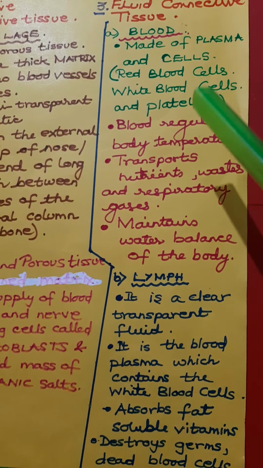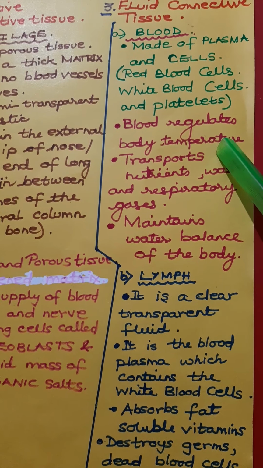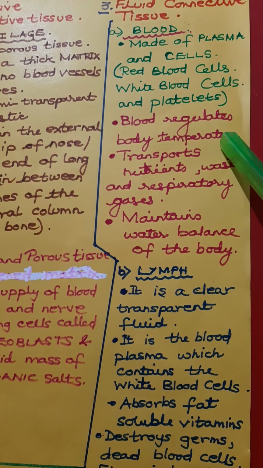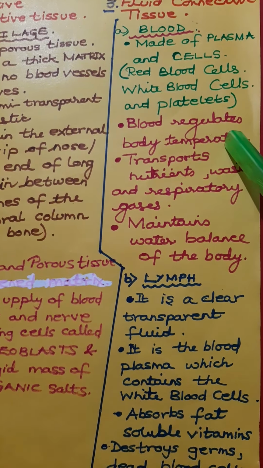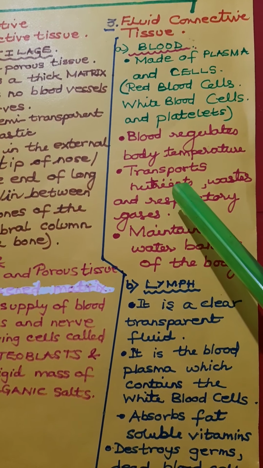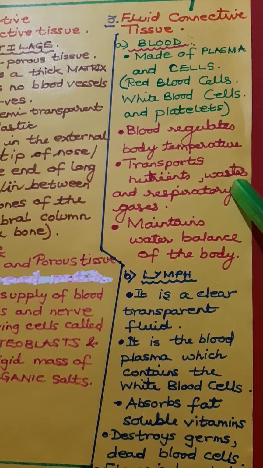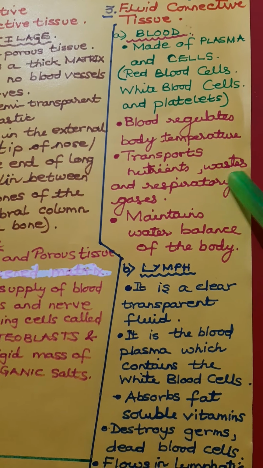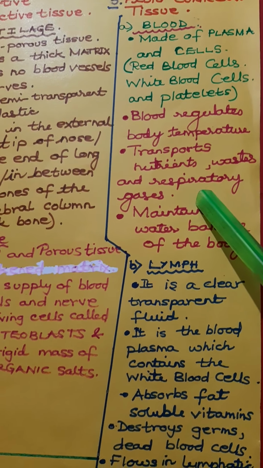What does the blood do? It regulates body temperature. Yes, it keeps the body temperature nice and normal. It transports nutrients, waste, and respiratory gases. It transports digested food, waste materials which have to be thrown out, and the respiratory gases.